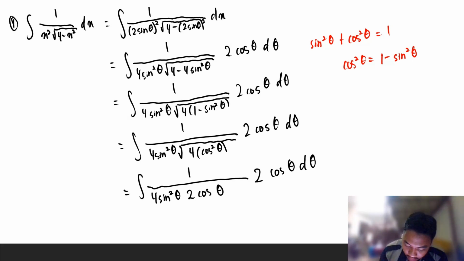From this, we can cut off 2 cos theta because it is the same thing, and the term left for the solution is to integrate 1 over 4 sine squared theta d theta.